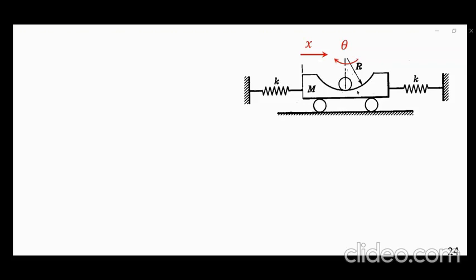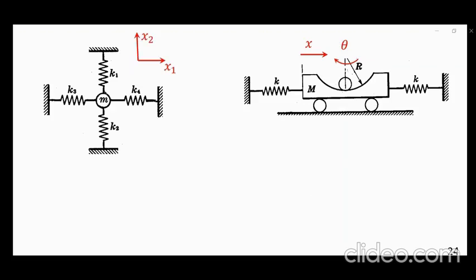Let's say that, in general, if there is no slipping involved, these two are related, right? But in general, they don't have to be.